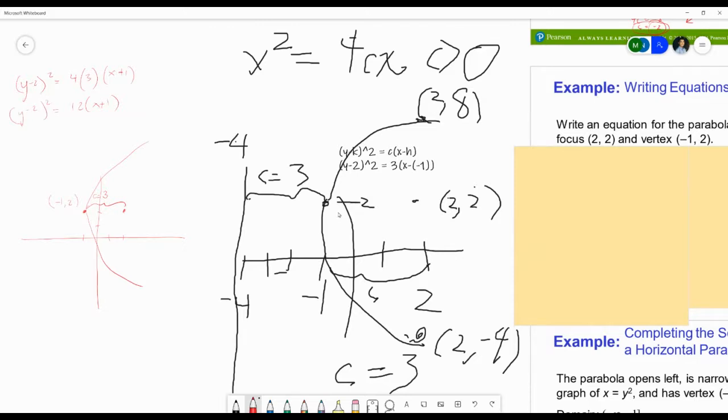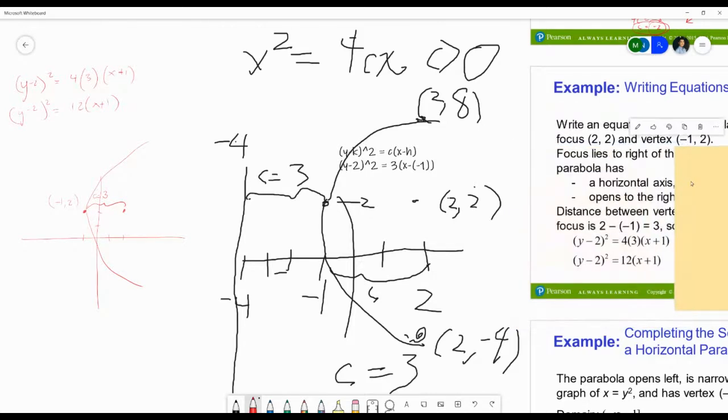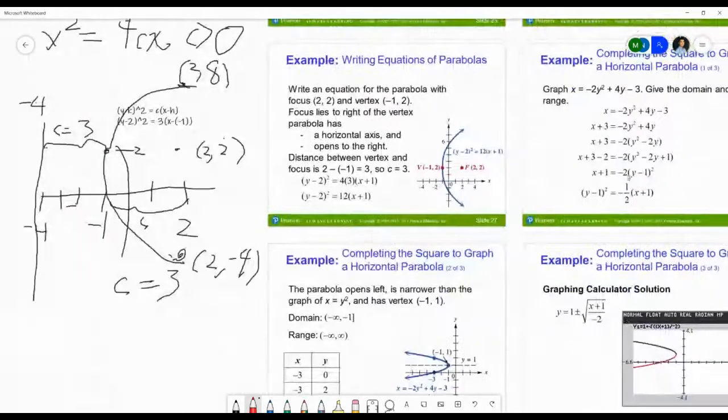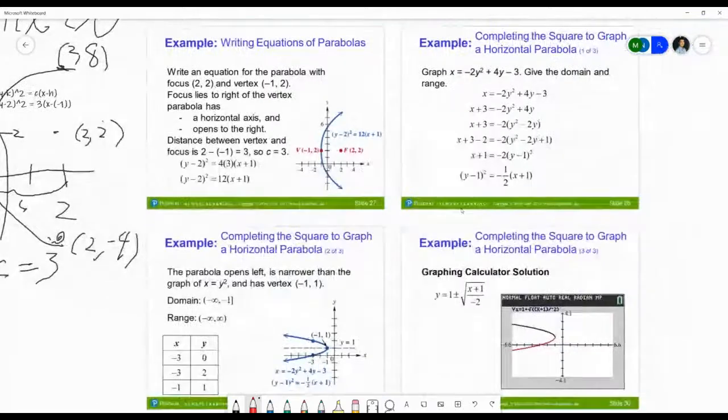No, I completely forgot that if given h and k, you just have to use it in the equation. It's not at the origin. Okay, yeah, so I got that wrong. So y minus 2 squared equals 12 times x plus 1. Okay.